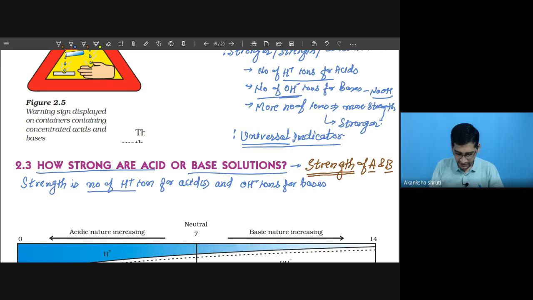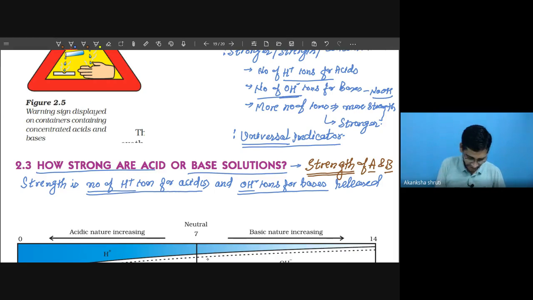So how many H plus ions are available for acid and OH minus ions available for base, released or liberated or made available, when it is dissolved in water.